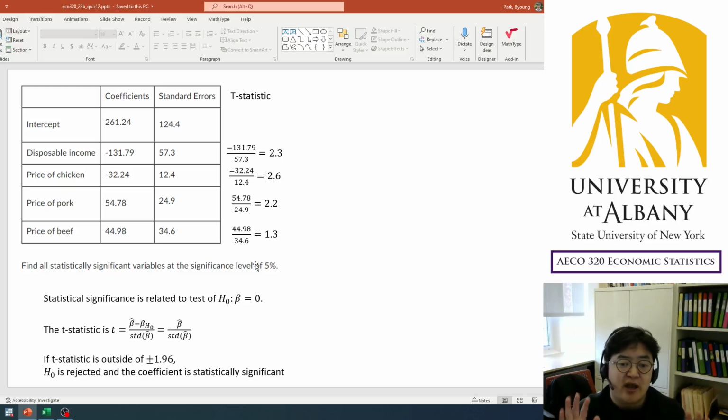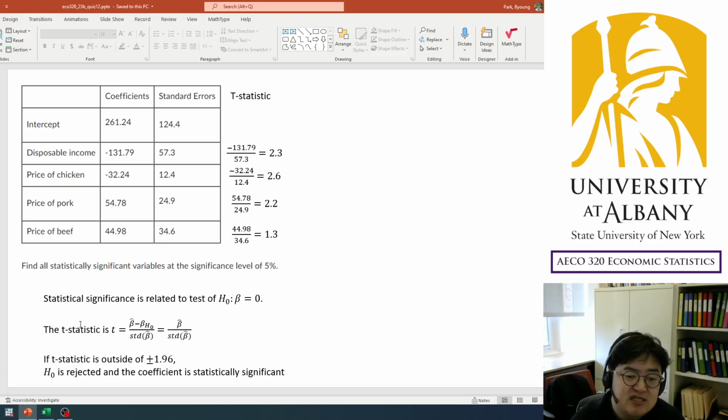You don't like a coefficient to be 0, because then the variable is irrelevant in your regression model, and that is the worst. So you'd like to reject it, and you want to say this is statistically significant. Basically, we would like to do this hypothesis testing.